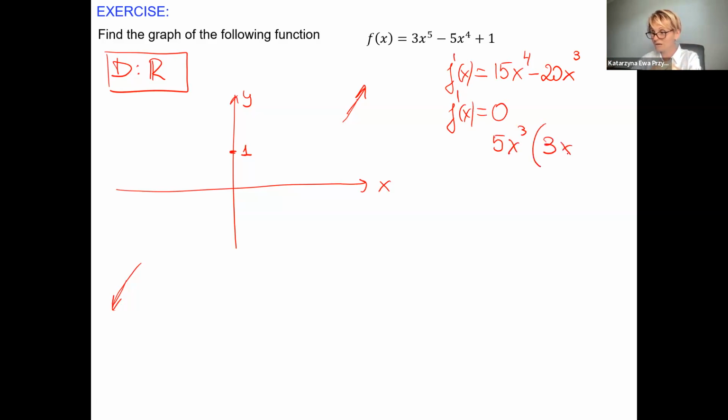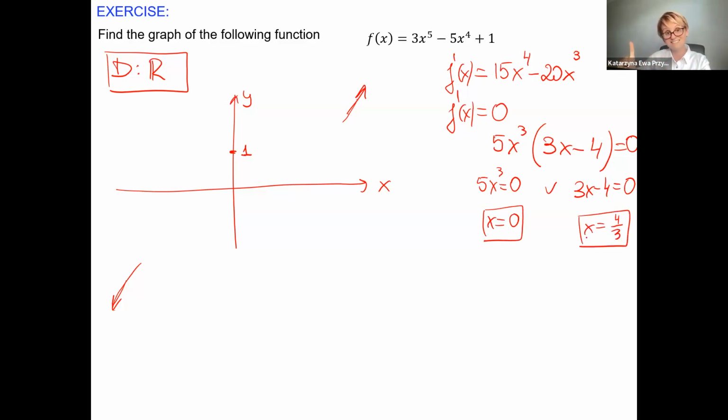It will be 3x minus 4. Then 5x cubed must be 0, and 3x minus 4 must be 0. That means definitely x = 0 is a critical point, and x = 4/3.